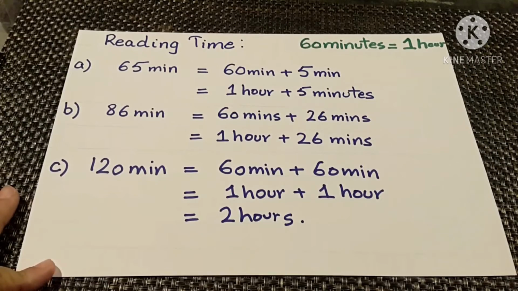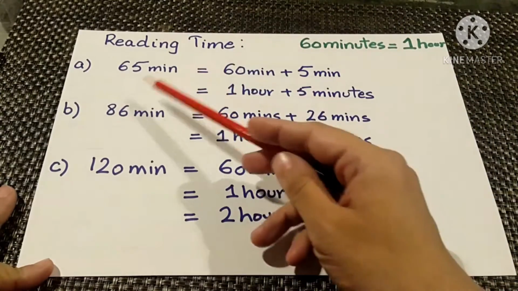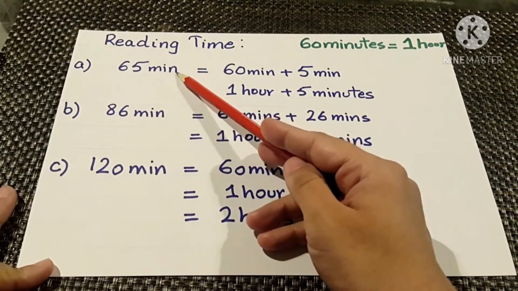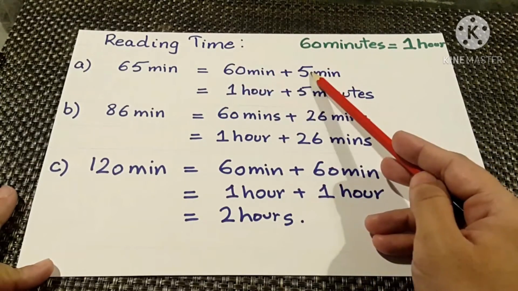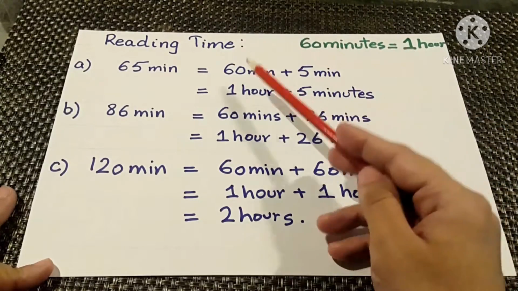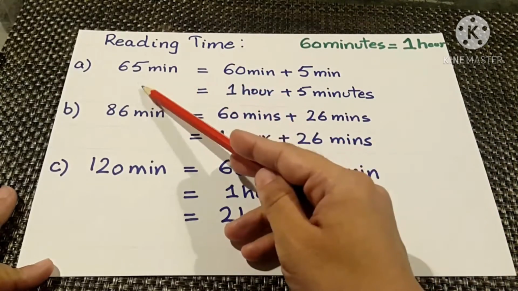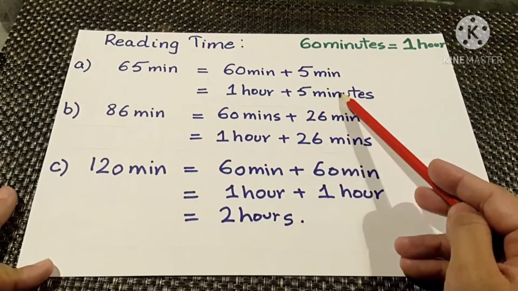Concept of reading a time. For that, you have to understand that 60 minutes is equal to 1 hour. Now, if we have 65 minutes, this means 60 minutes plus 5 minutes, and as we know 60 minutes is 1 hour, so 65 minutes is actually 1 hour and 5 minutes.